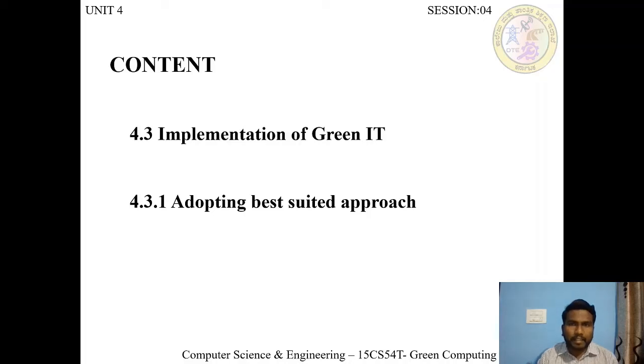So, in this current session, that is session 4, we will be learning about various factors regarding implementation of green IT, and also we will be learning one of the factors, that is adopting best suited approach in detail. So let's start our session.